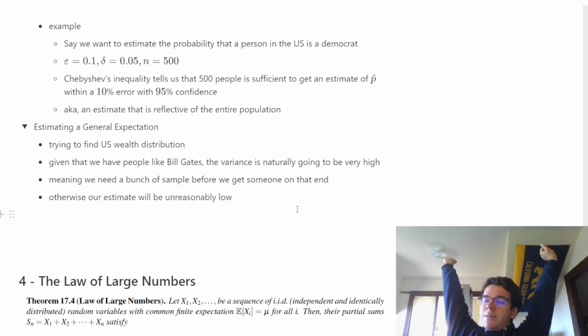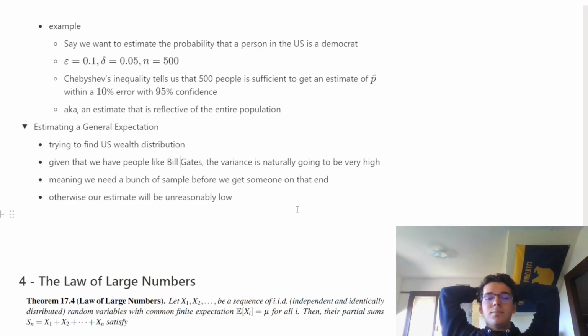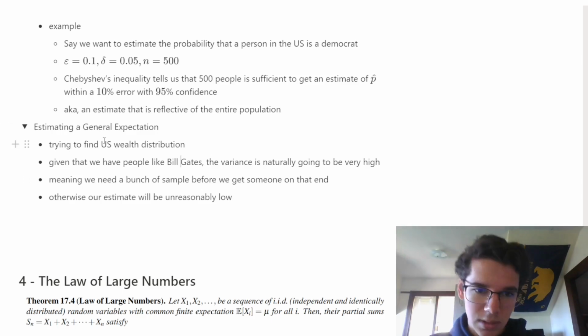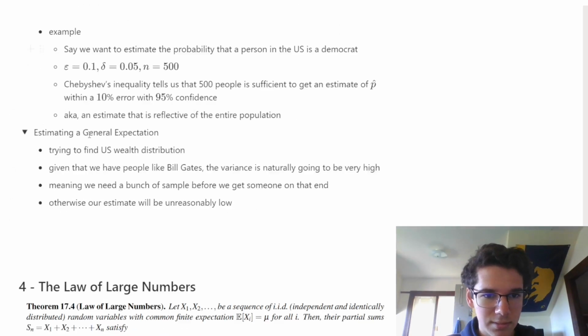But at the end they kind of said, say we try to find the wealth distribution of the U.S. Given that we have people like Bill Gates, that means the variance is going to be really high, and it's going to take a lot of samples before we actually get someone that wealthy, because basically no one's up there on that side. However, if we don't account for those people, then our estimate is going to be very low. So just some sampling tips, I guess.